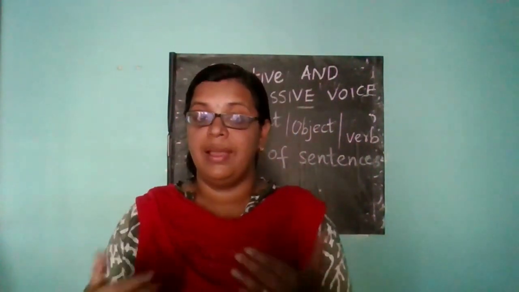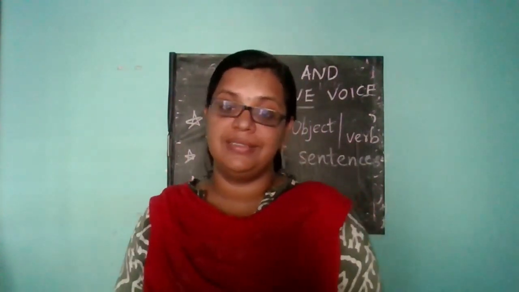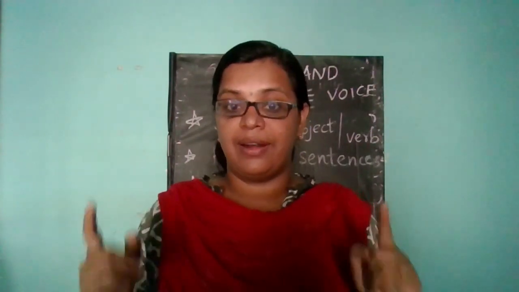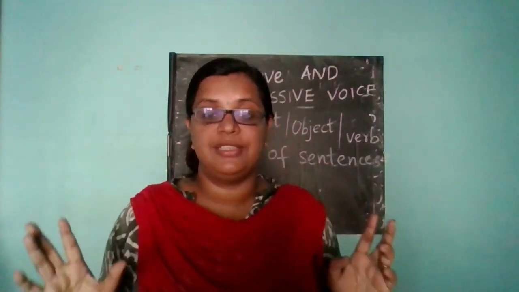Then what is an object? In order to pick out an object, you can ask what or whom to the verb. The answer to the what question is the direct object and the answer to the whom question is the indirect object. These things we have already learned in our grammar lesson number 12.